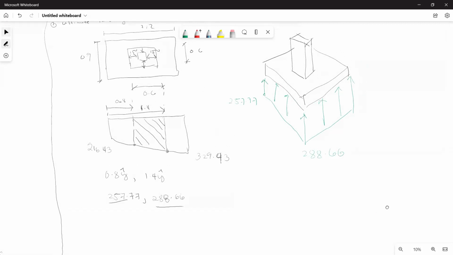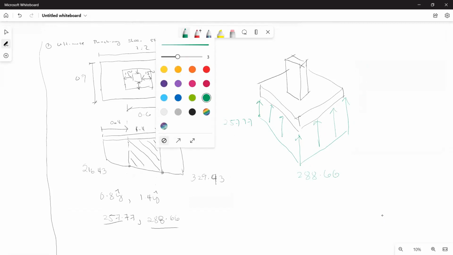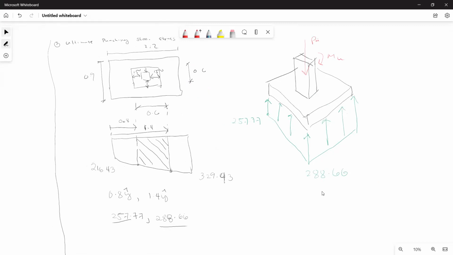Then, meron kang axial load na PU and meron kang moment na MU. Kung naalala nyo sa pag-compute ng punching shear stress, yung QU natin, minumultiply natin sa area na to, then siya yung magiging VU sub P.